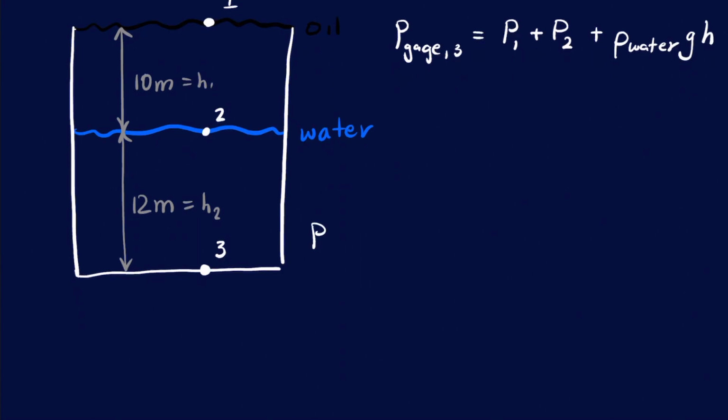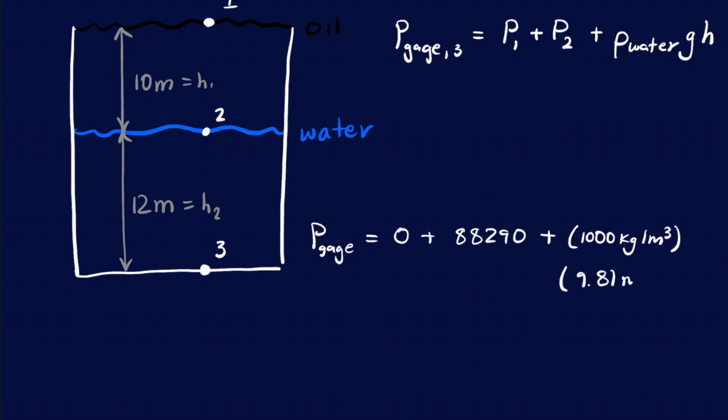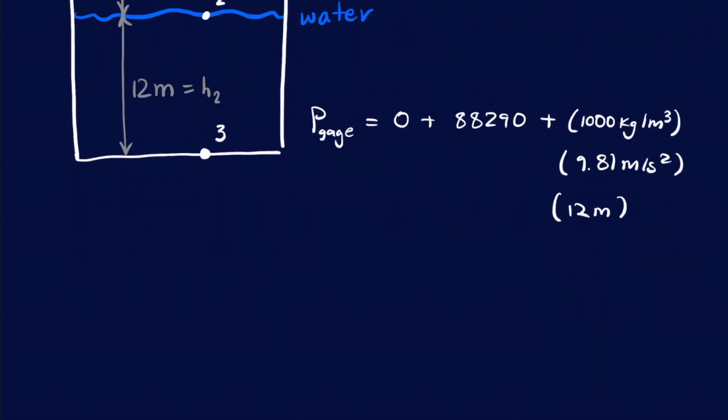If we plug this in on our calculator, we will get 0 plus 88,290 plus the density of water, which is 1,000 kilograms per meter cubed, multiplied by 9.81 meters per second squared, times the height of the water, which is 12 meters.